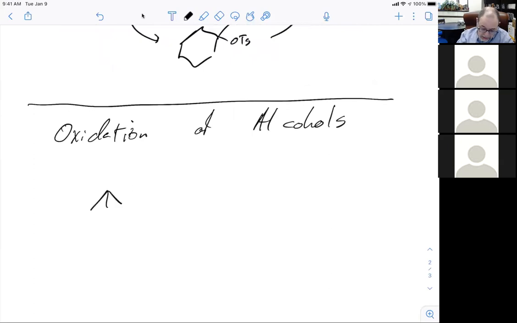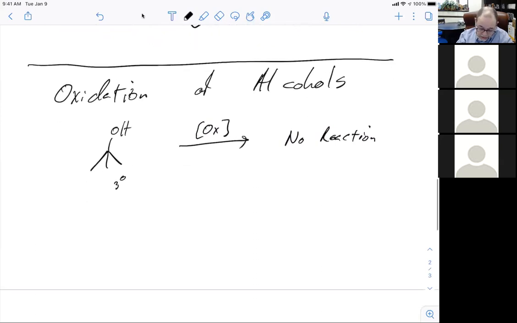So if we look at our types of alcohols, if we start with a tertiary alcohol here, and we try to oxidize this, right, we're going to get no reaction. Right? Because if we look at it, we have no protons to leave.